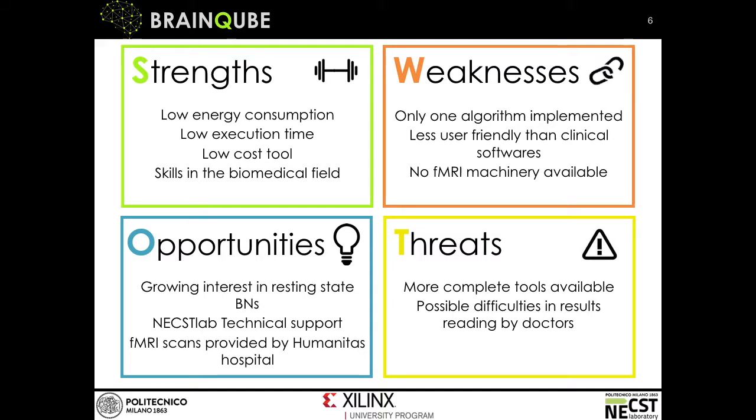Finally, our knowledge in the biomedical field is supported by the technical skills of the other students and professors of the NextLab, making the team competitive both in the research context and in the practical implementation.